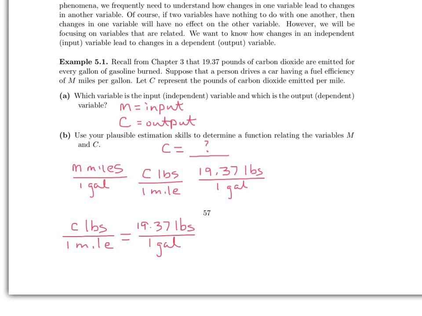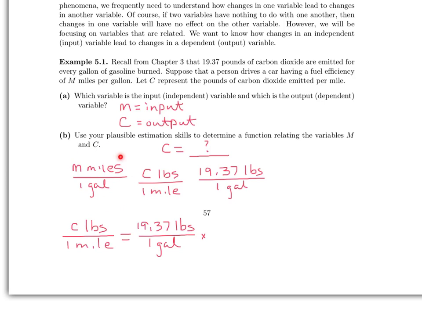The left-hand side of our equation has miles in the denominator, but our right-hand side has gallons in the denominator. So we're going to want to multiply by another factor that will enable us to cancel the gallons out in the denominator and allow us to end up with miles in our denominator.